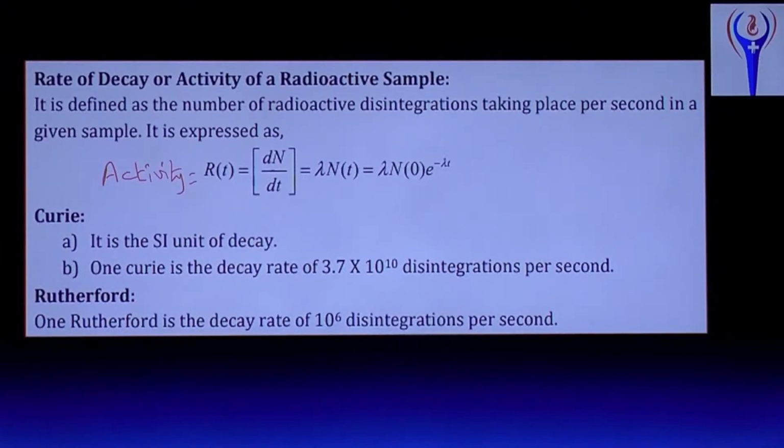The unit of activity is Curie or Rutherford. Curie is the SI unit of decay. 1 Curie is the decay rate of 3.7 into 10 power 10 disintegrations per second. Another unit is Rutherford. 1 Rutherford is the rate of decay of 10 power 6 disintegrations per second.